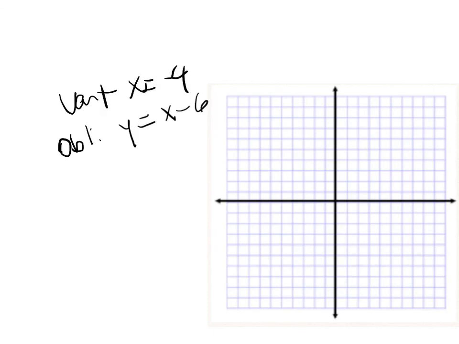I'm going to make every grid line worth 2. So at x equals -4, we're right there. And then for our oblique asymptote, we're at y equals -6. So I'm going to draw my y-intercept at -6, because again, every grid line is worth 2 right now.